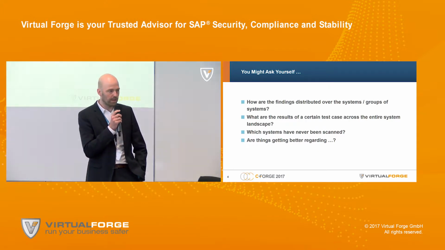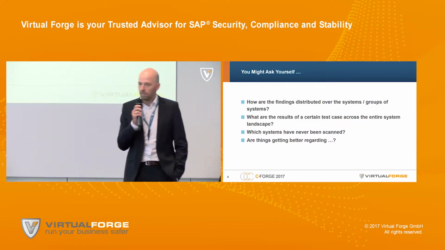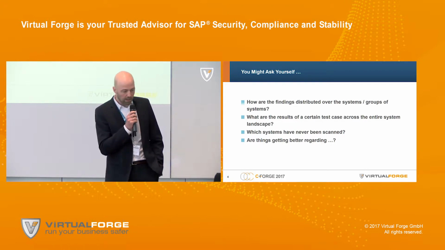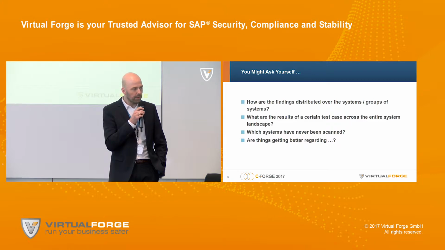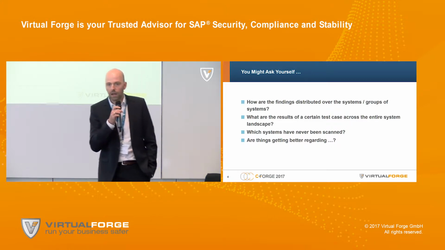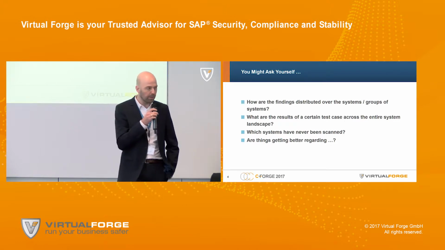Let's say you have 5 system lines or 10 system lines, so the amount of results might be very big, and in terms of comparison between the systems, how do you display that? Would be one question. So how are the findings distributed among the systems?